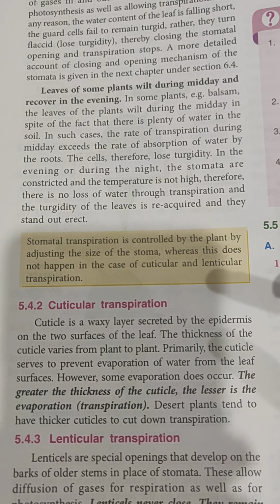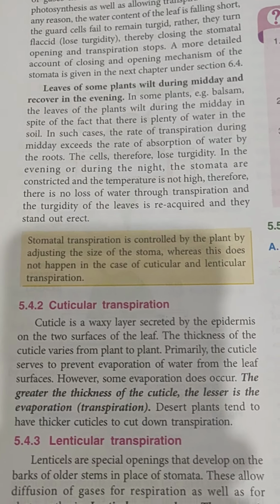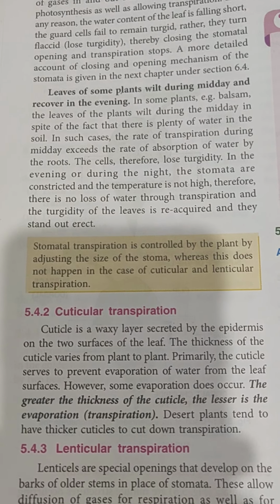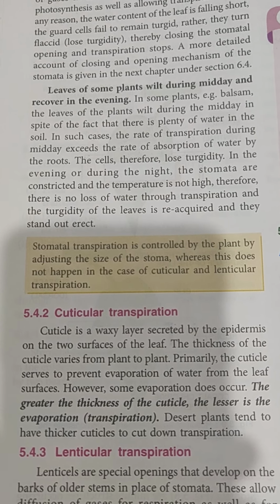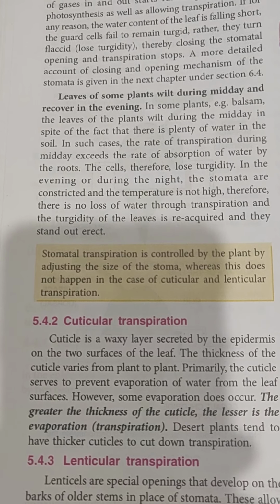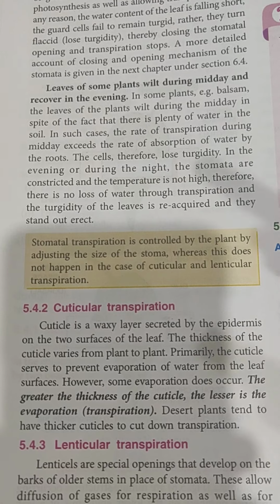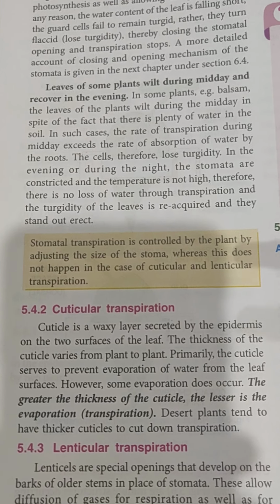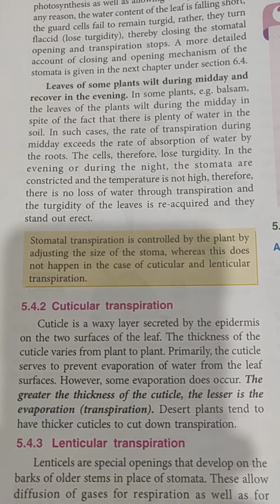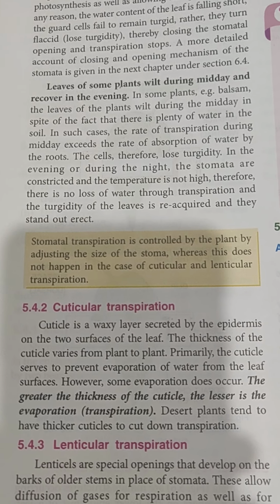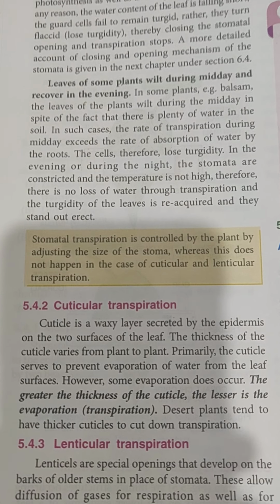But no process is foolproof. So some evaporation does occur. If the cuticle is thinner, more transpiration takes place, and if the thickness of the cuticle is more, less is the rate of transpiration.